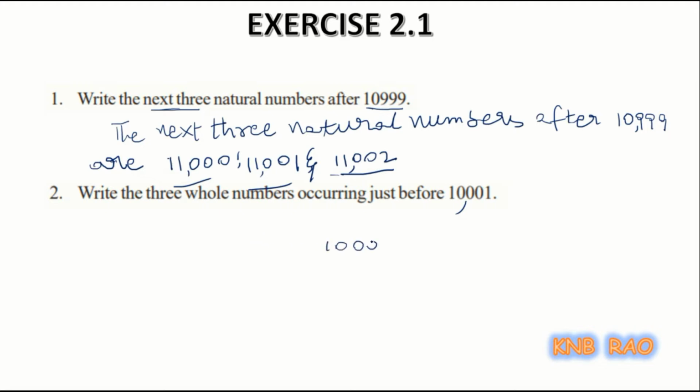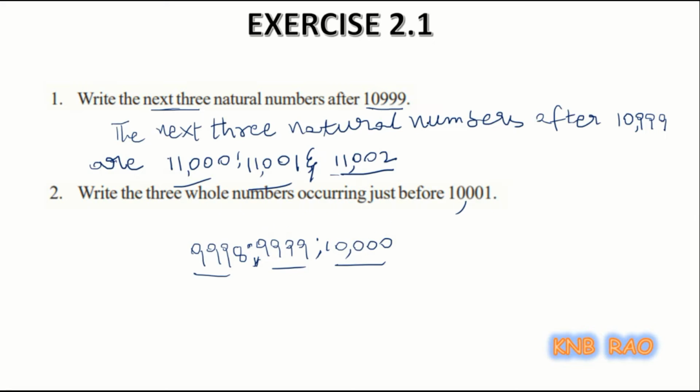Before 10,001 we will have 1 less than that being 10,000, and 1 less than this 9,999, and 1 less than this is 9998. So these are the three numbers just before 10,001. So write with working steps.